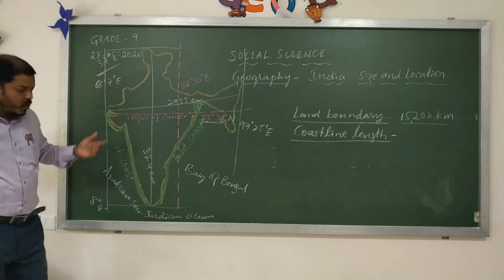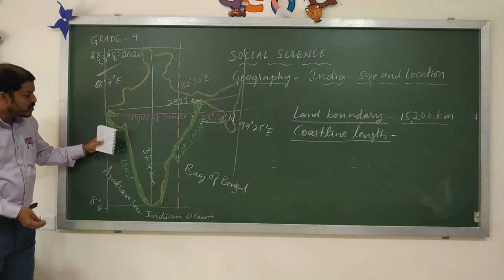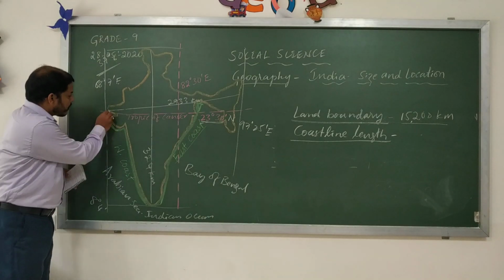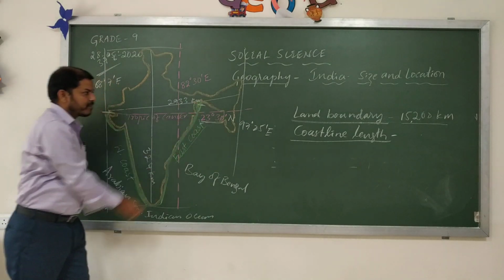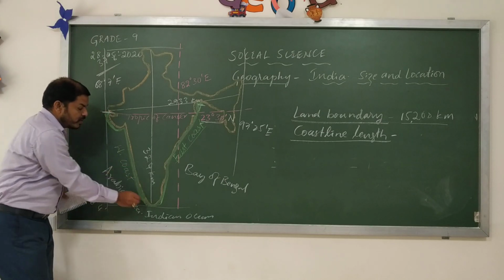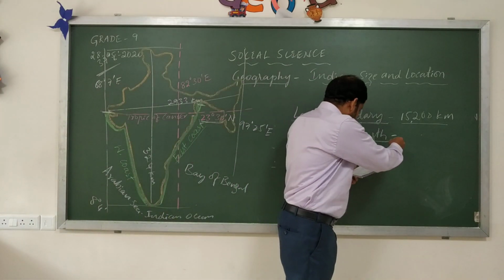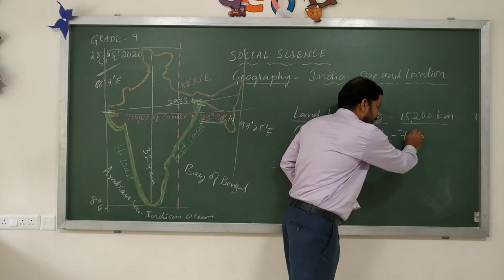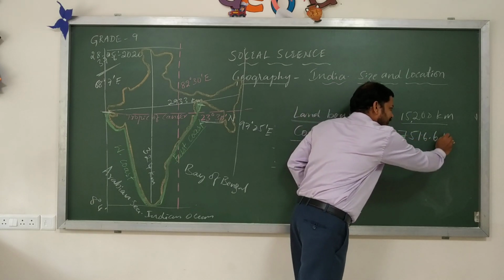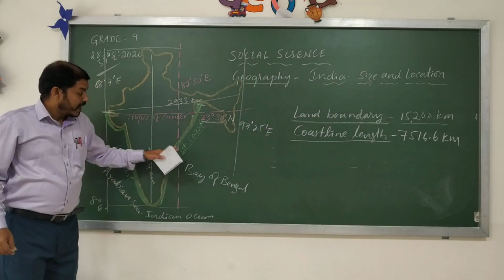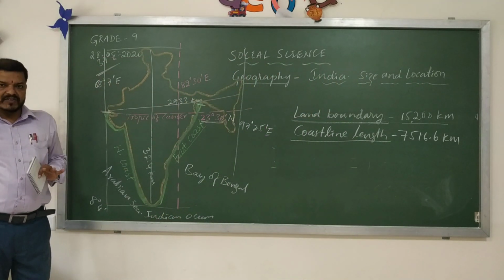So we have two coastal belts, the west coast and the east coast. Its total length is 7,516.6 kilometers. This includes our islands.